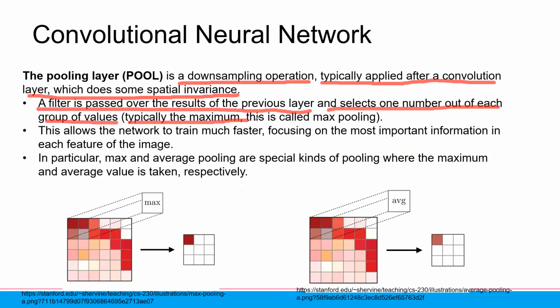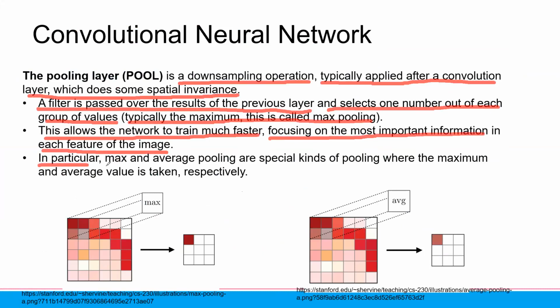Typically the maximum, which we call maximum pooling or max pooling. So this allows the network to train much faster, focusing on the most important information in each feature of the image.